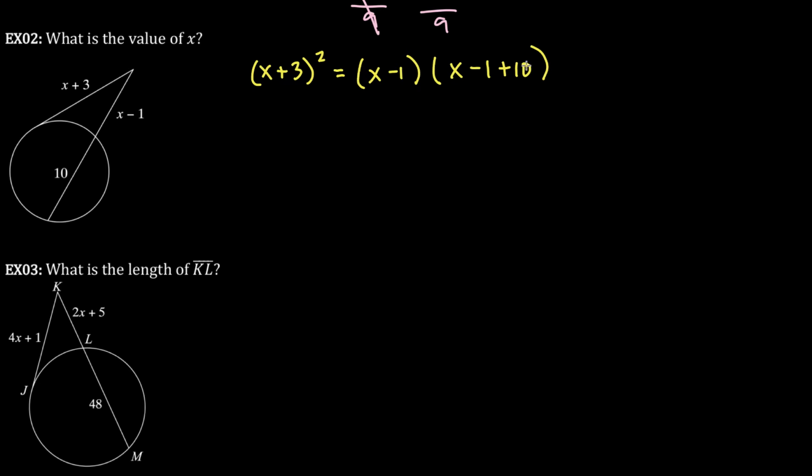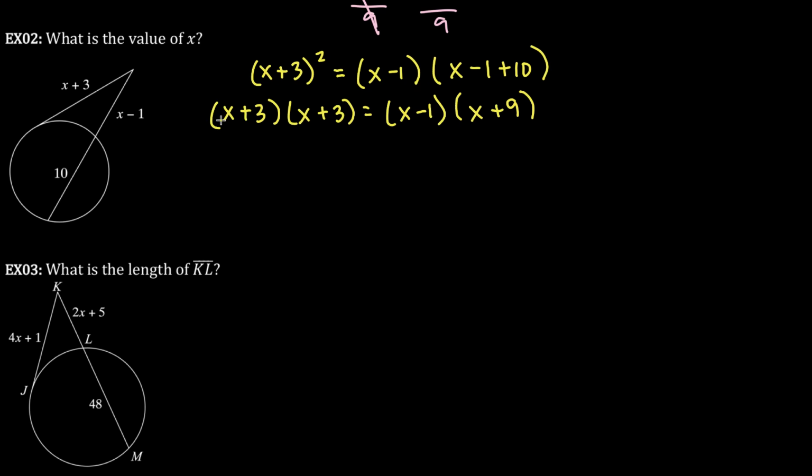Now we could put this in parentheses, but it doesn't make a difference. So we could write this as x plus 3 times x plus 3 equals x minus 1 times x plus 9.